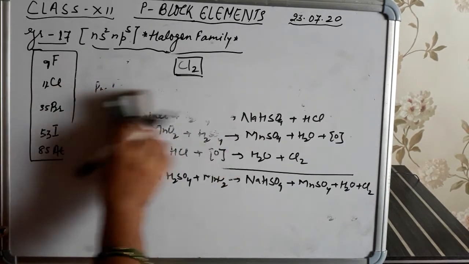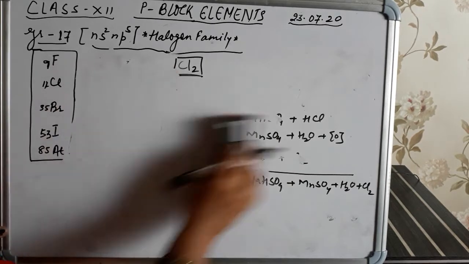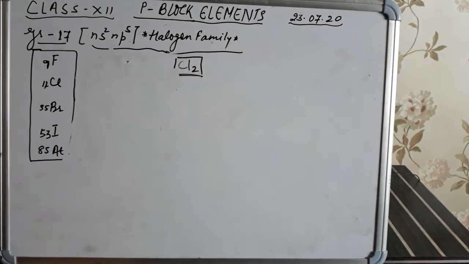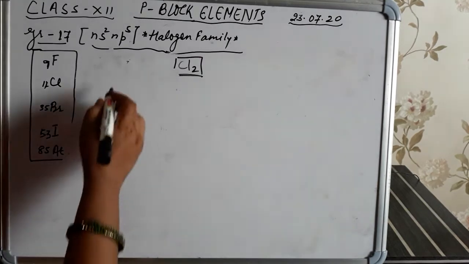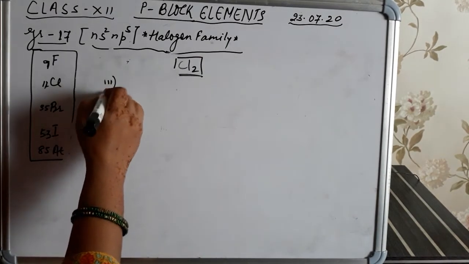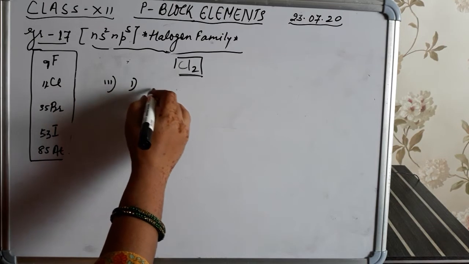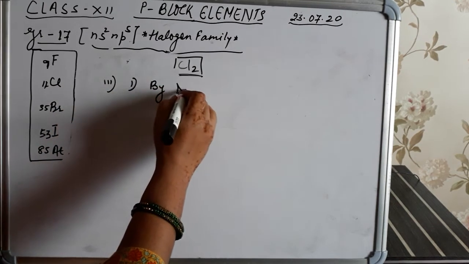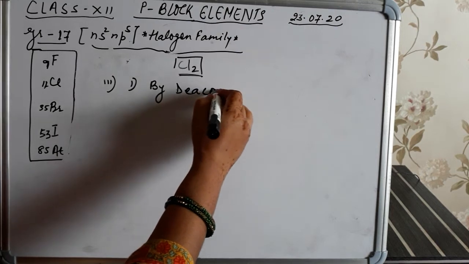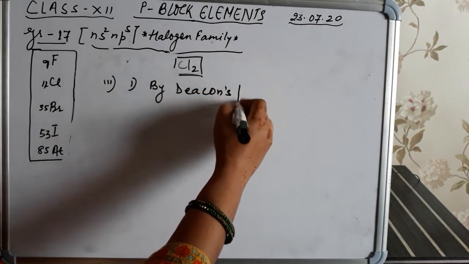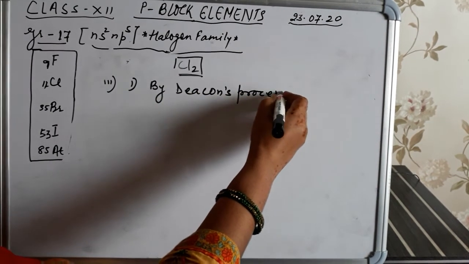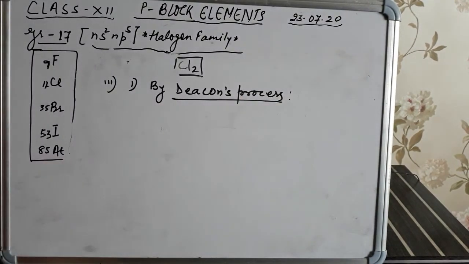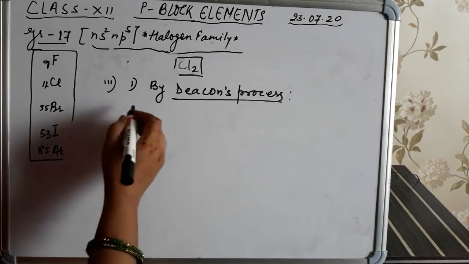How can we prepare chlorine by the industrial method? Let's discuss the industrial method of chlorine. So the next process is Deacon's process. It is manufactured industrially.